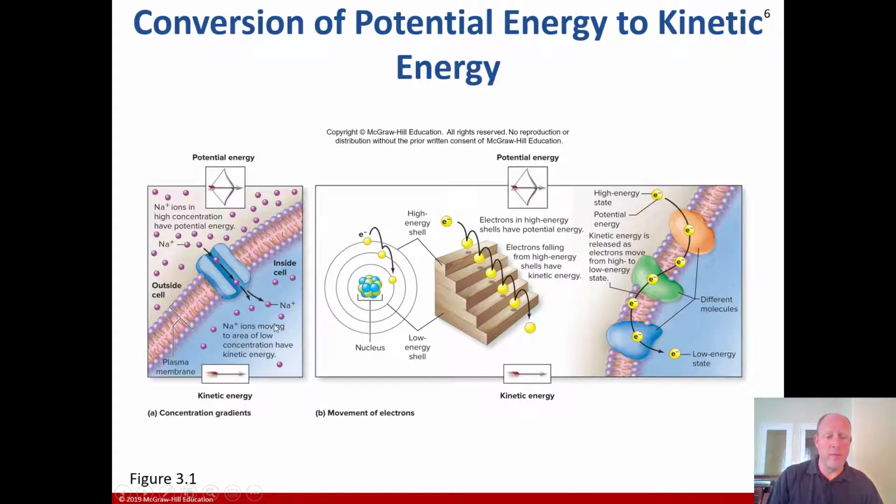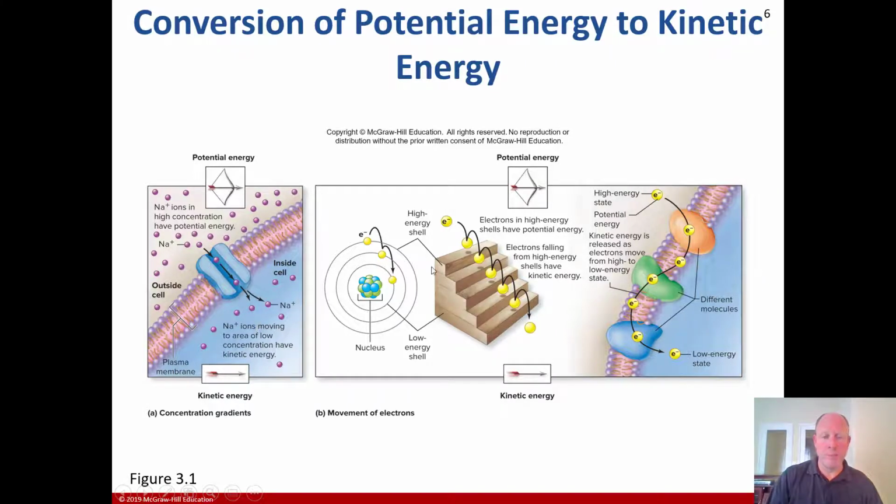These sodium ions moving to an area of low concentration have kinetic energy when they are in motion. That's an example of kinetic energy from the potential before they made that movement. That's a concentration gradient between the high pressure of the extracellular fluid outside the membrane, and, through the phospholipid bilayer, the lower pressure area in the intracellular fluid inside the cell.